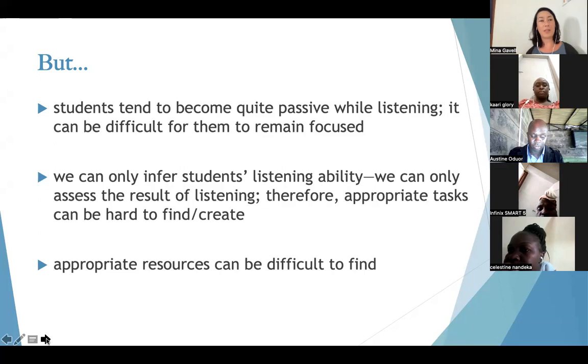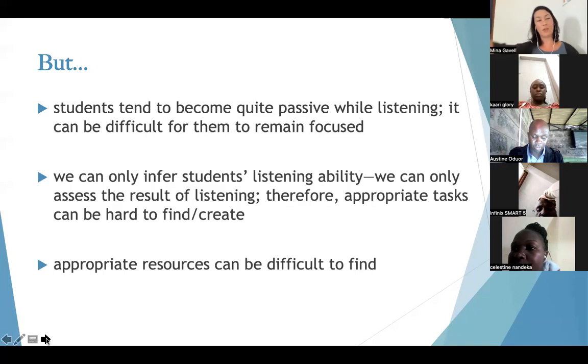So for example, with dictation, if they write exactly what they hear, then we can guess that they can distinguish sounds and words, but we can't know that they understand. If we have them paraphrase, then we can infer or guess that they actually understand.